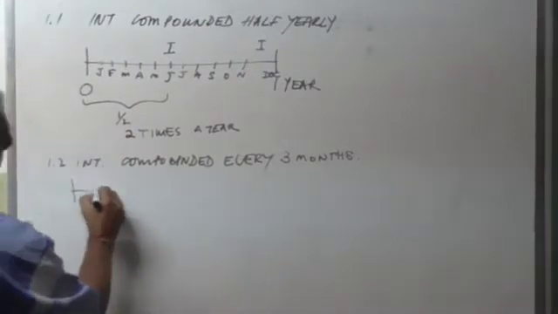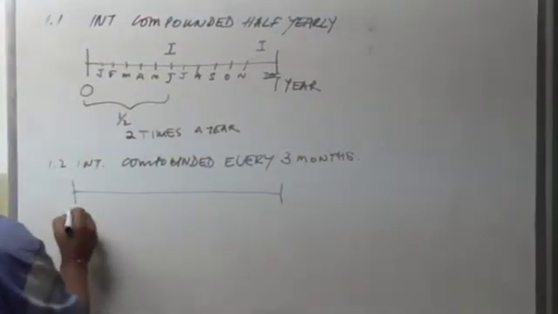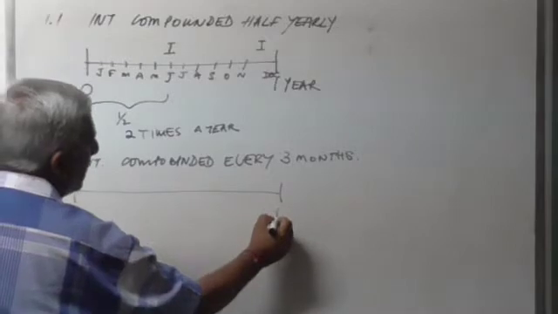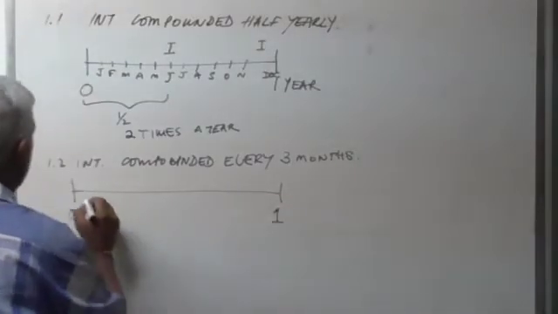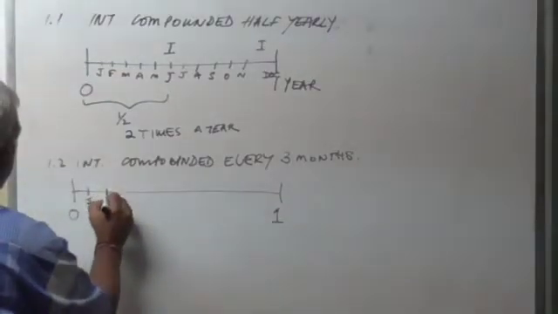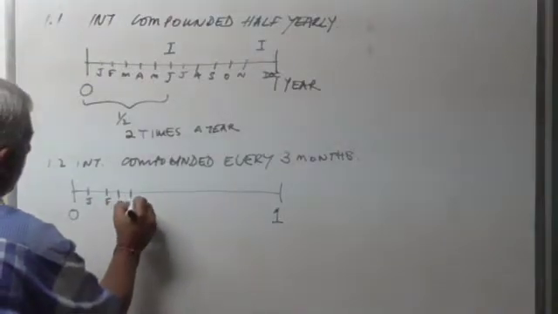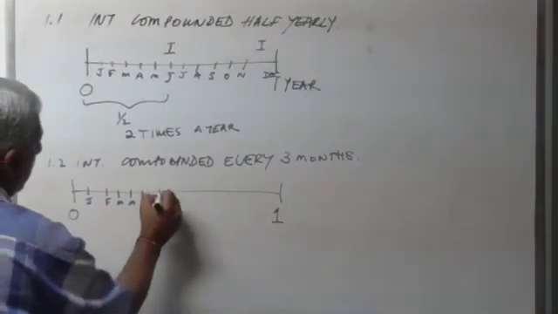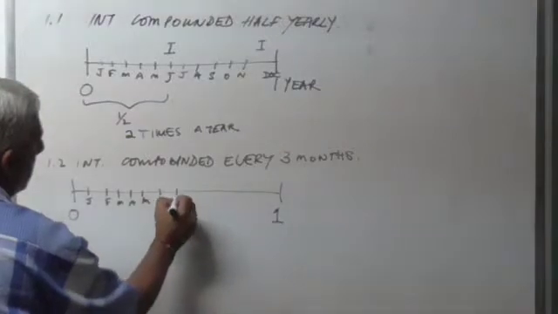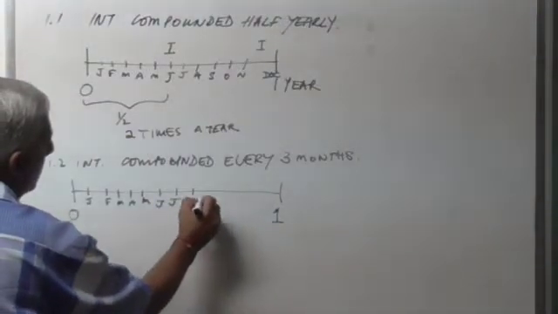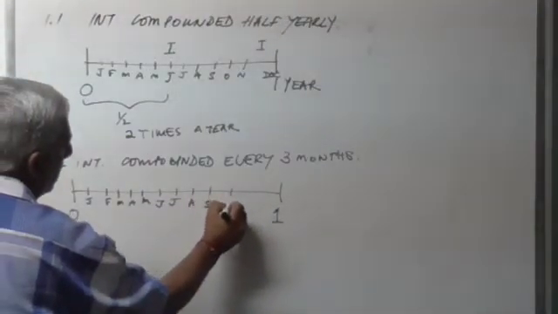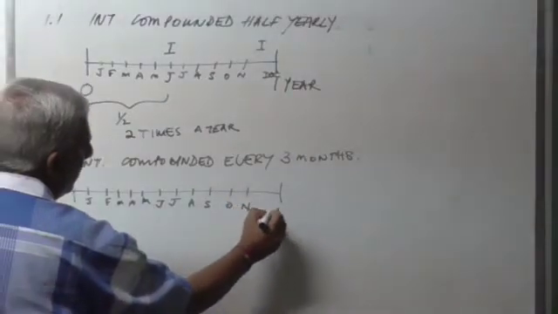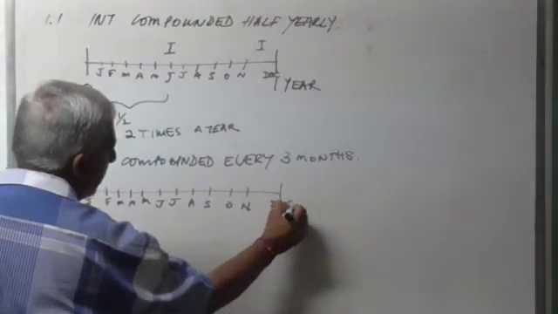So there's your year, there's 0, there's 1 year ending here. So there's January, February, March, April, May, June, July, August, September, October, November, and December is there.